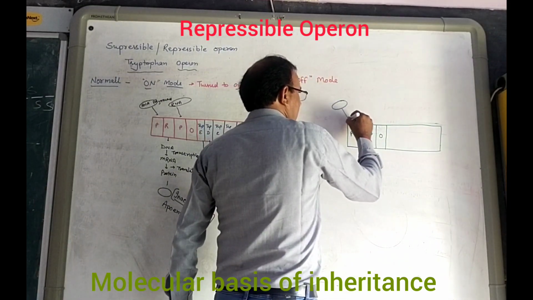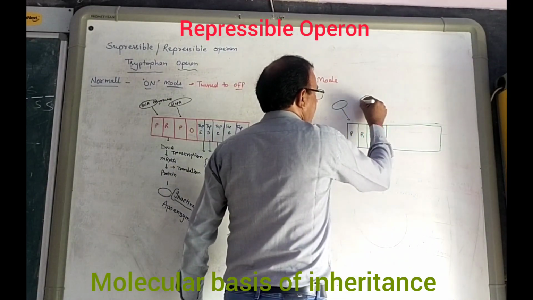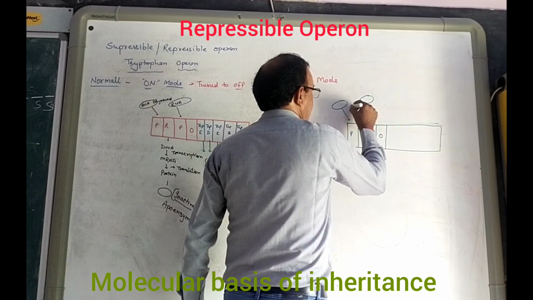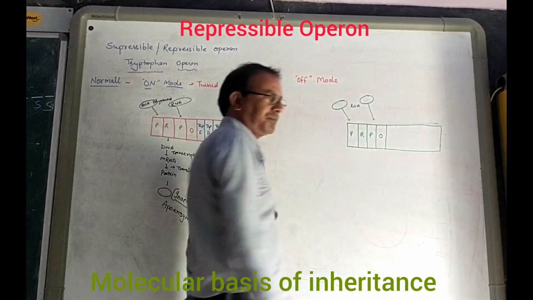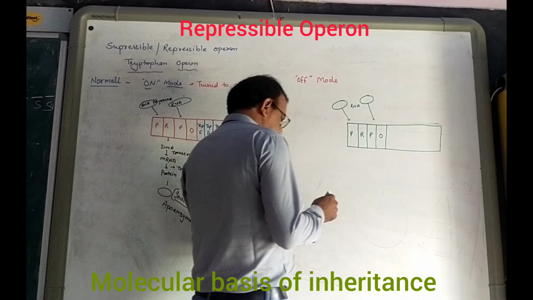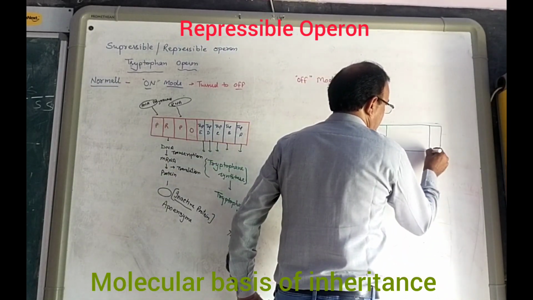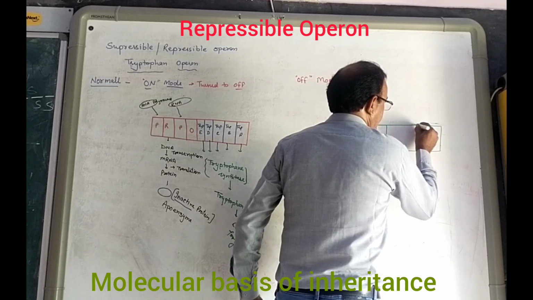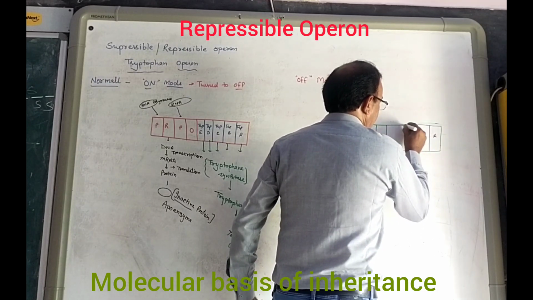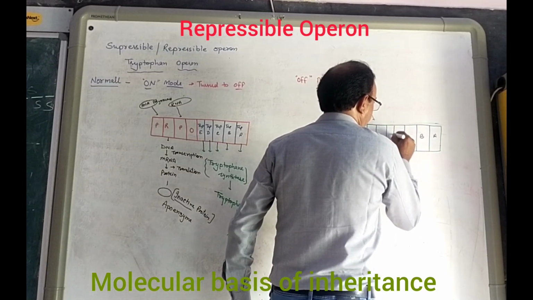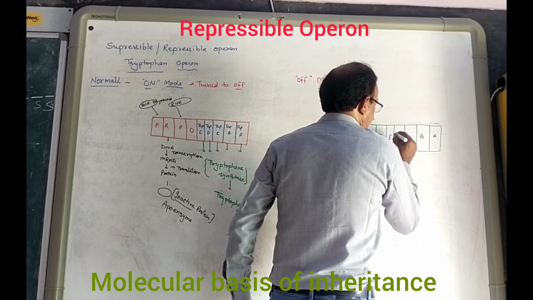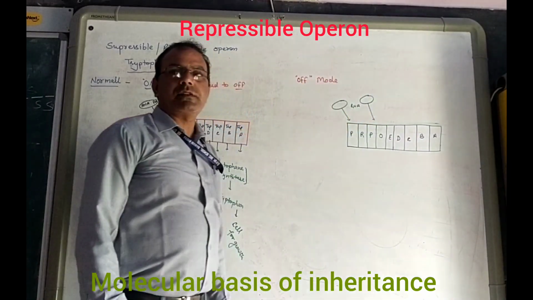RNA polymerase 1 attaches with the promoter here, and another one is here. This is the RNA polymerase. And the 5 structural genes are: this one, tryptophan A, tryptophan B, tryptophan C, and tryptophan D or E. These are the 5 structural genes.